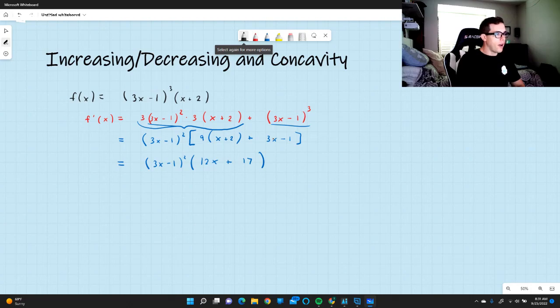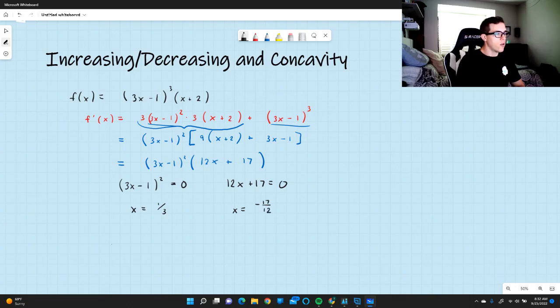You set each factor equal to 0 to find the horizontal tangents, aka the critical points, aka the location of possible relative maxes and relative mins. So in the first one, we get an x value of a third. In the second one, we get a value of negative 17 over 12.